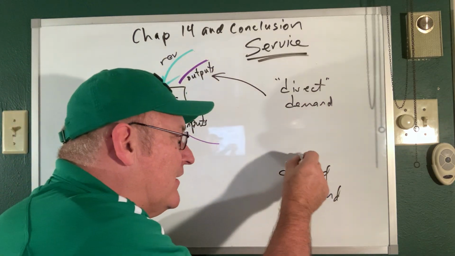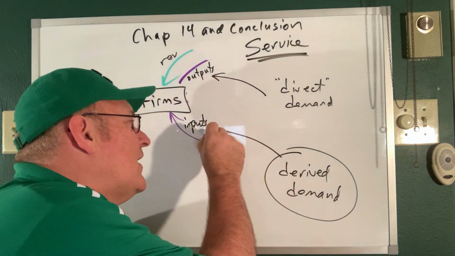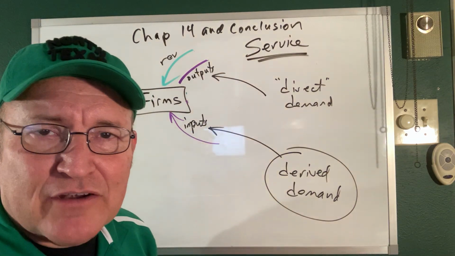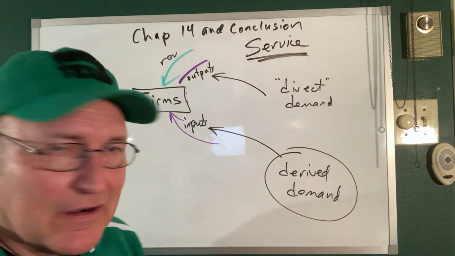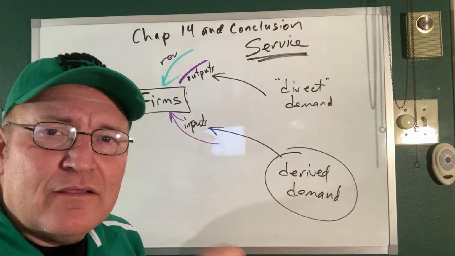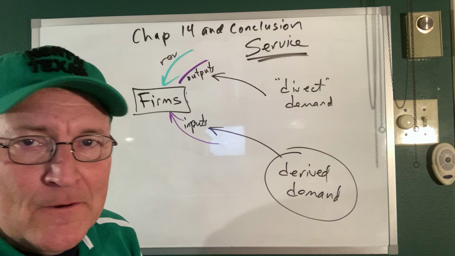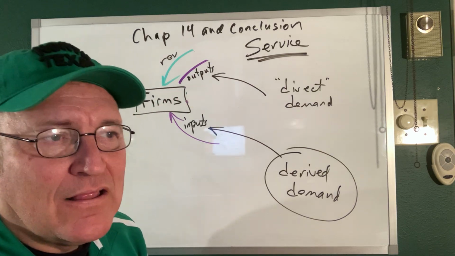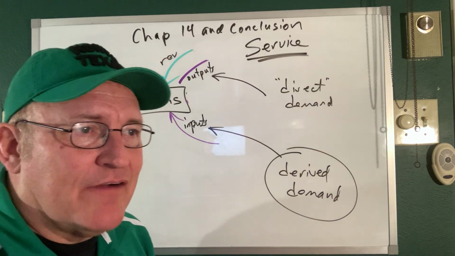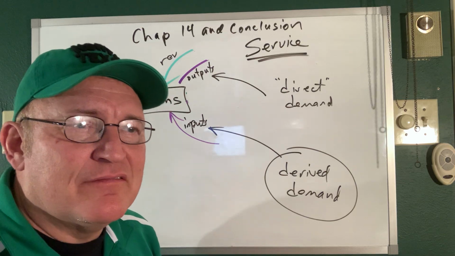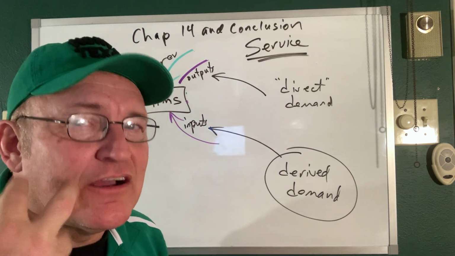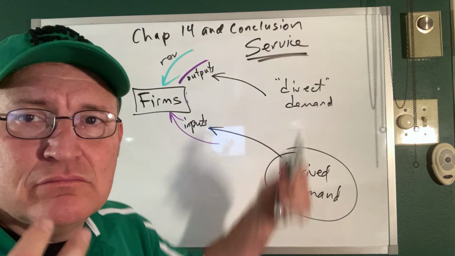Derived demand is a demand that's derived based upon factors of production. So here's the easiest way to think about it. If it's demand for an input, it's derived demand. Here's an example. If I'm talking about the demand for dental services, like getting a crown put in, that's just regular demand, right?